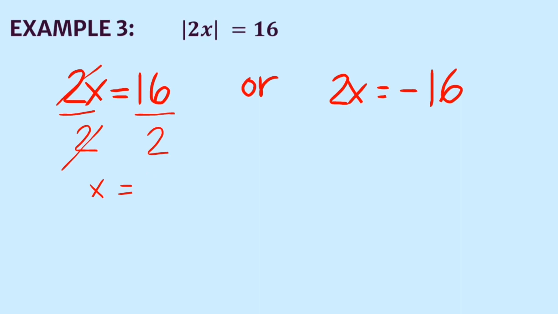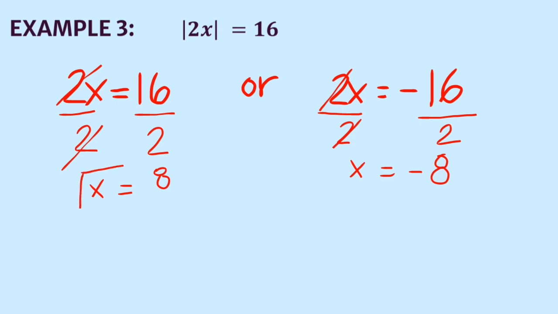It is 8. Now, for this one, let's do the same process. Let's divide this by 2, so we'll be left with x. This will be cancelled out and we're left with x is equal to, what is negative 16 divided by 2? It is negative 8. When we divide numbers having unlike signs, the answer will be negative. So, this is our x.